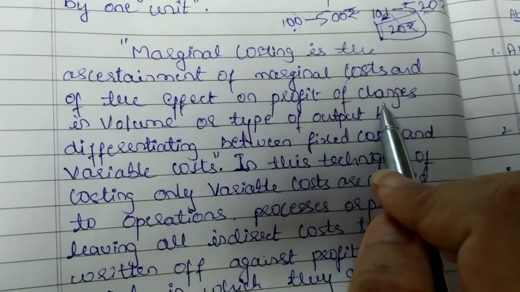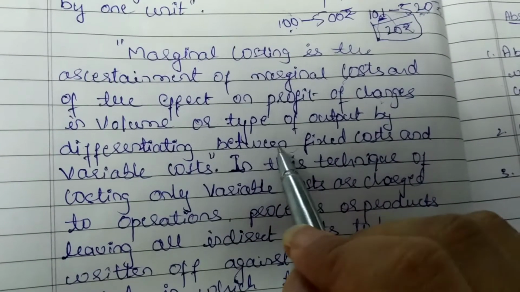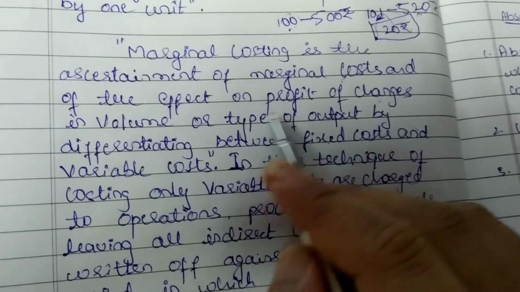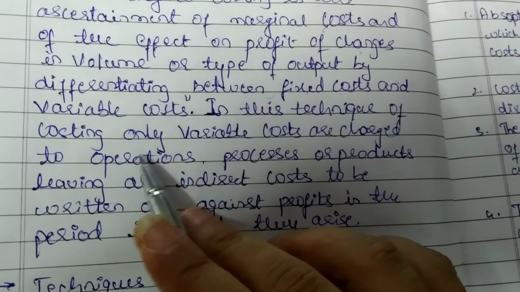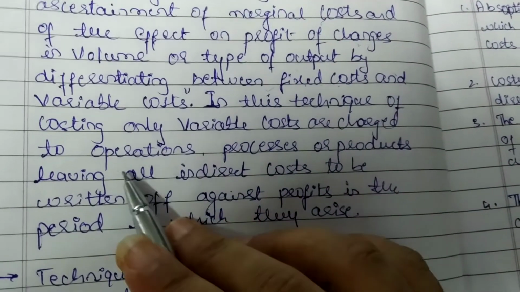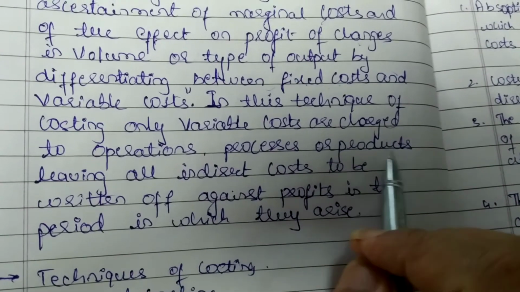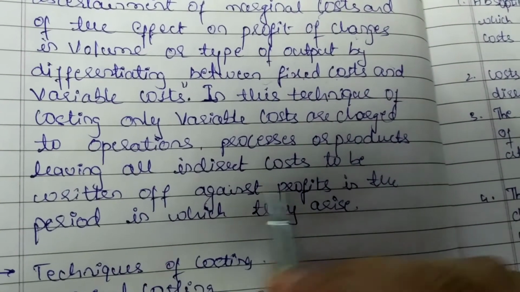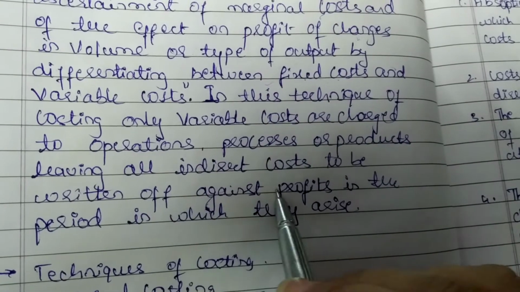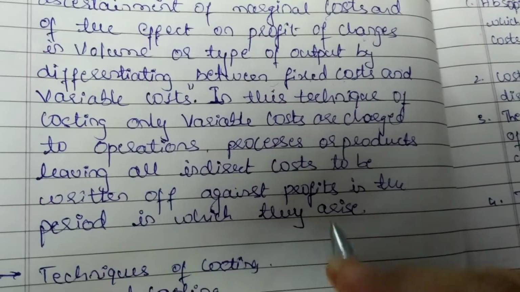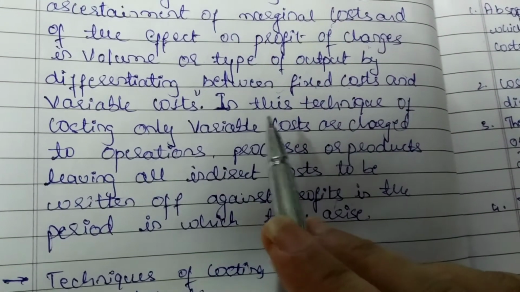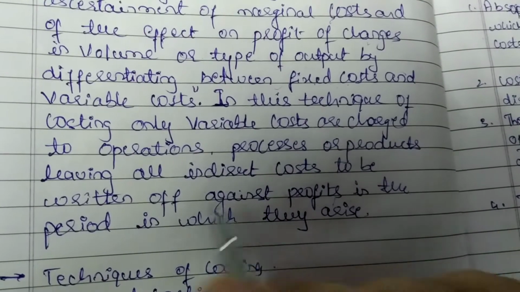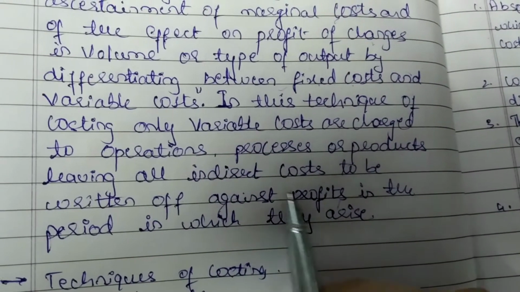In this technique of costing, only variable costs are charged to operations, processes, or products, leaving all the indirect costs to be written off against profit in the period in which they arise.